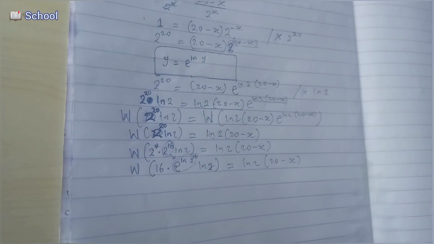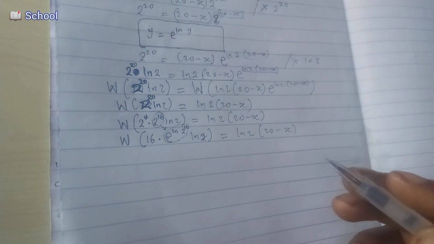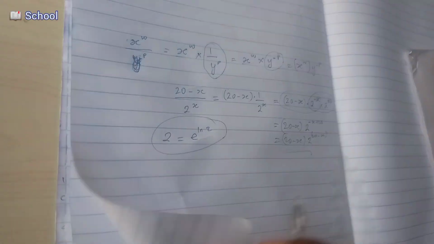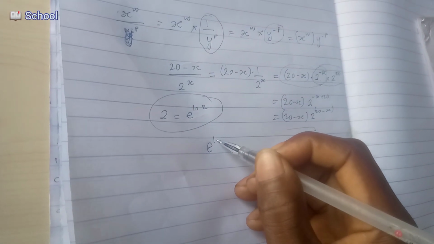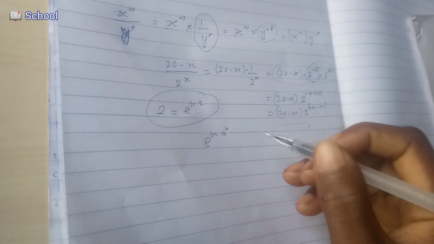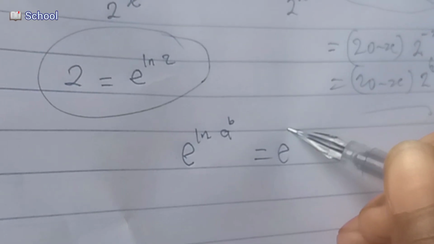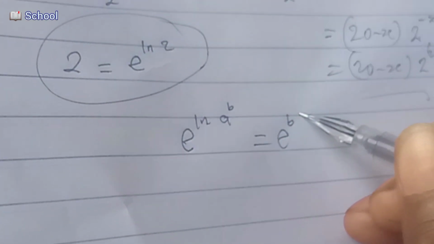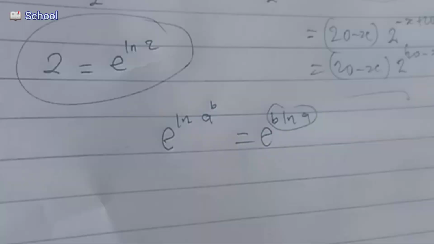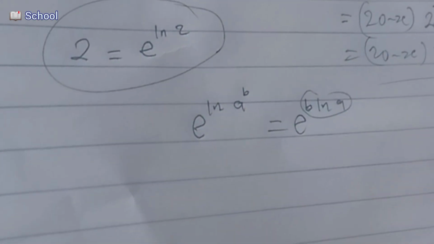There's still another property of exponents you need to apply here. This is the property that e to the power of ln a to the power of another power b is equal to e to the power of b multiplying ln a, where a and b represent any number, term or expression. So that's what we are going to use here.